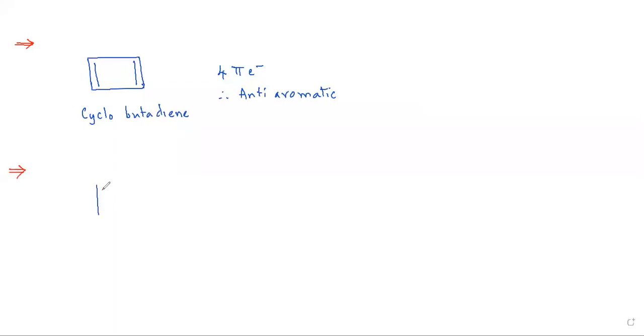Now the same thing, if at all, is converted into some cationic and anionic species. For example, if it is made into a dication, now even here also we will have vacant p orbitals, isn't it?